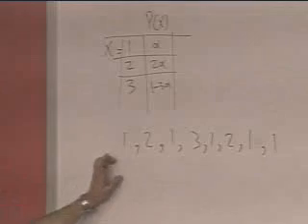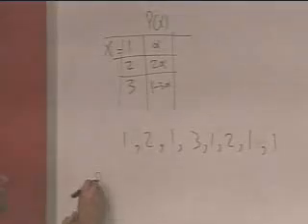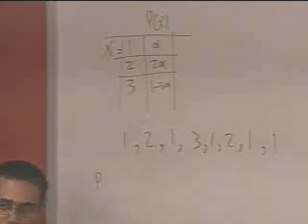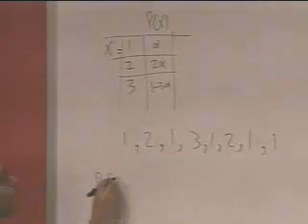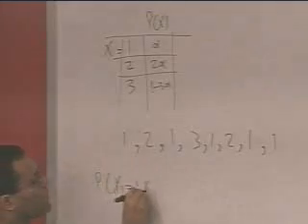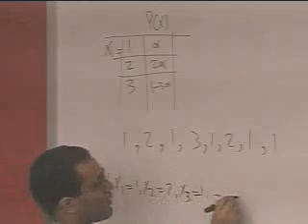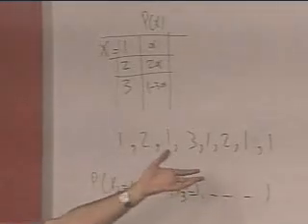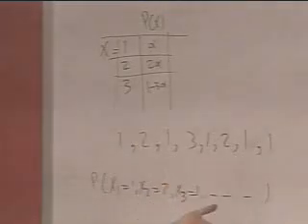So let's assume that these were all independent trials. We want to write down the probability of this event: x1 equals 1, x2 equals 2, x3 equals 1, and so on. Since these are all independent, the probability of this and this would be just the product of the probabilities.